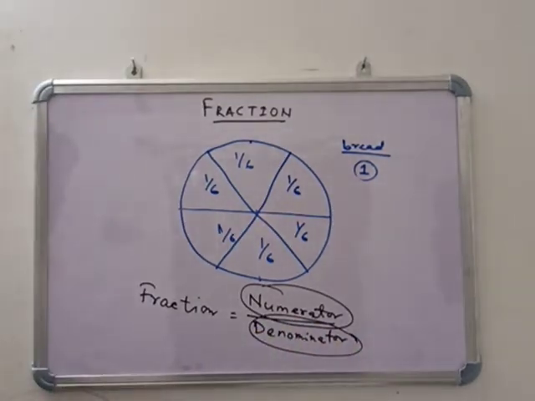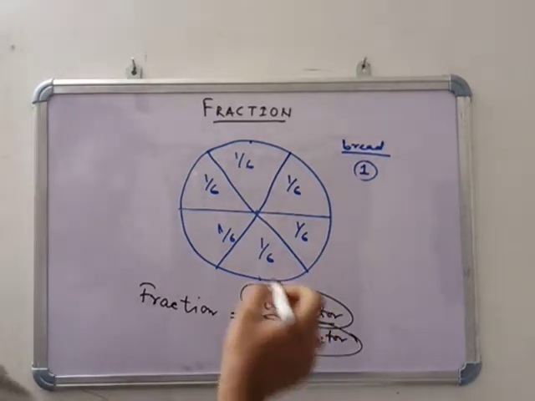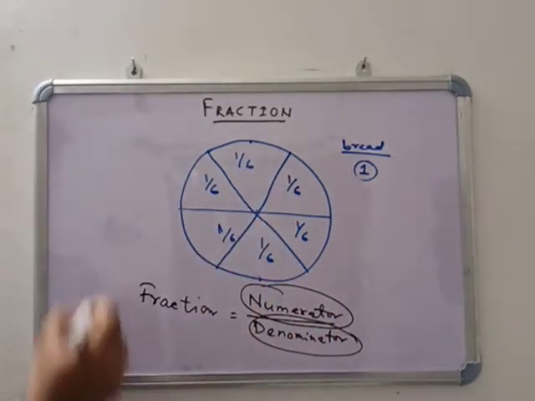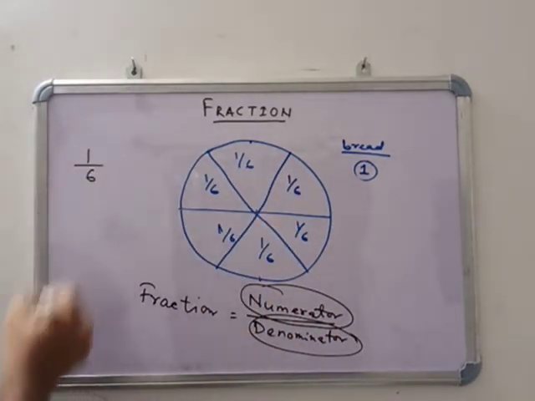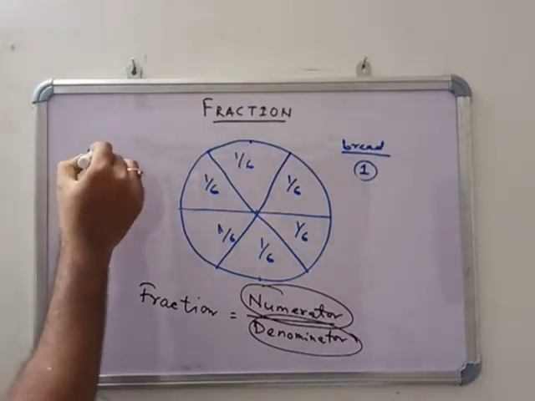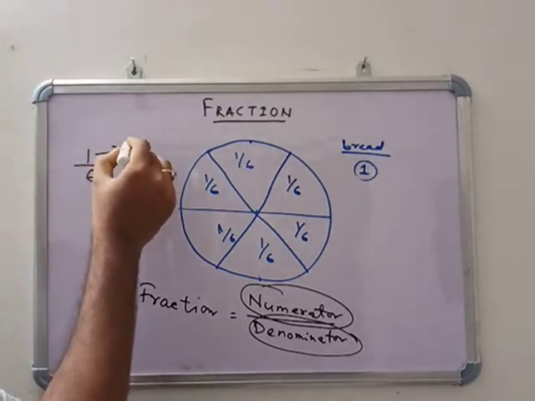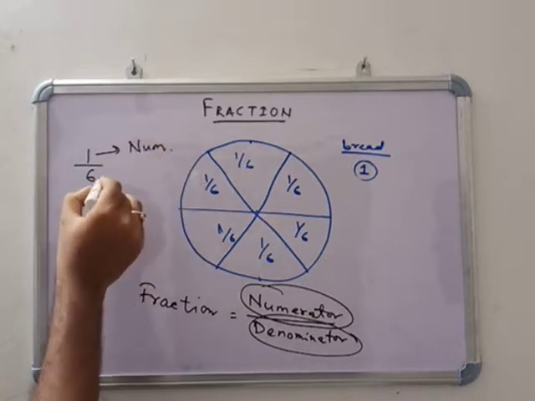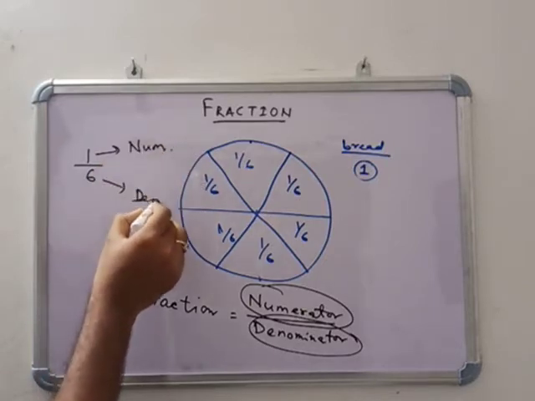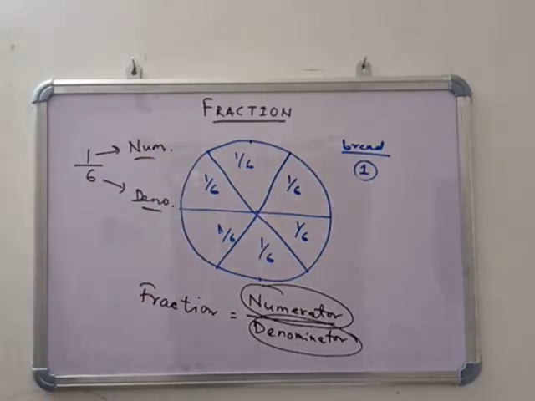So if I am writing 1/6 as a fraction, then 1 is called the numerator and 6 is called the denominator.